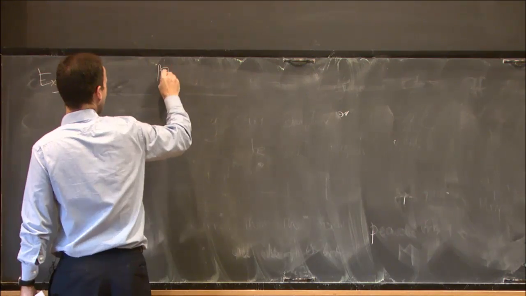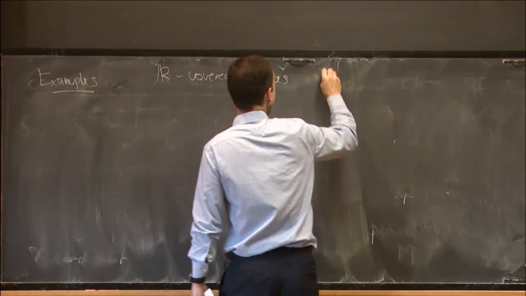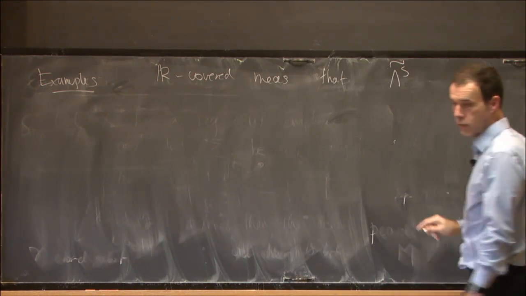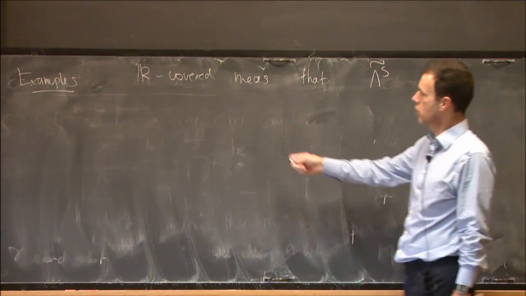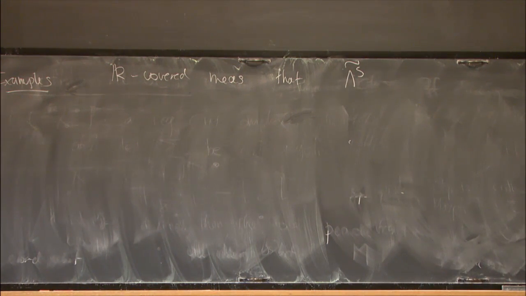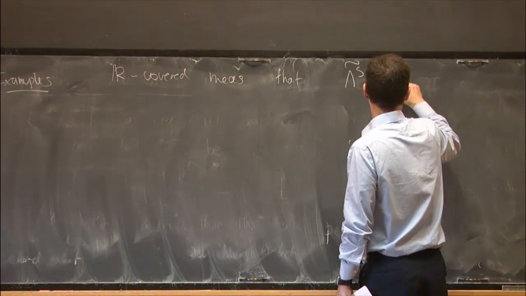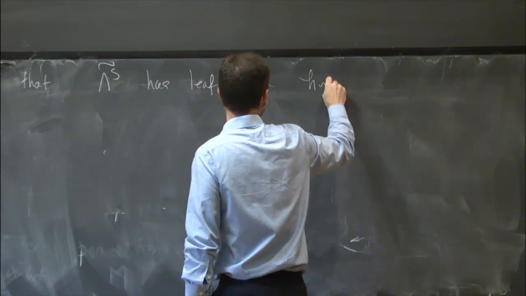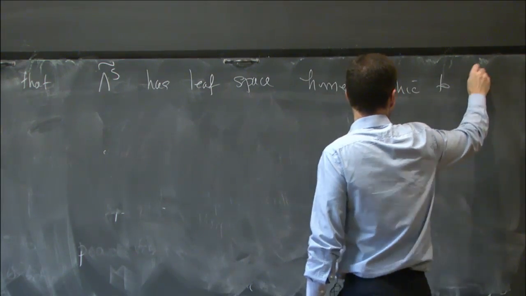All right, so what is R-covered first? R-covered means that you take, say, the stable foliation and lift it to the universal cover. The stable foliation is two-dimensional. When you lift to the universal cover, this is going to be a foliation by planes. And R-covered means that this lifted foliation has leaf space homeomorphic to the reals.